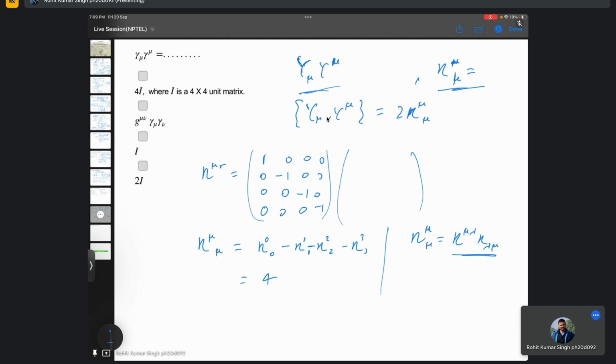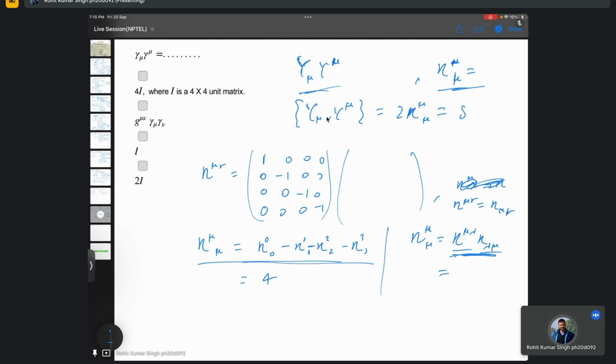And since these are basically the same matrices, because mu is equal to this, right? So that's why it's basically the trace of the metric tensor.